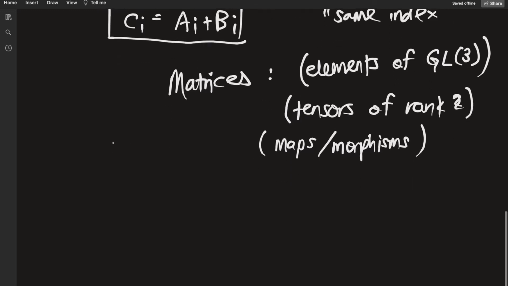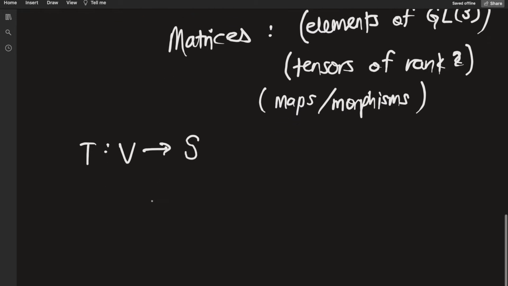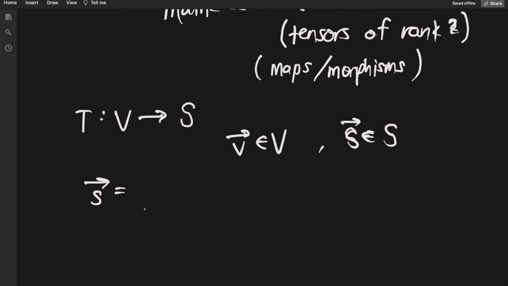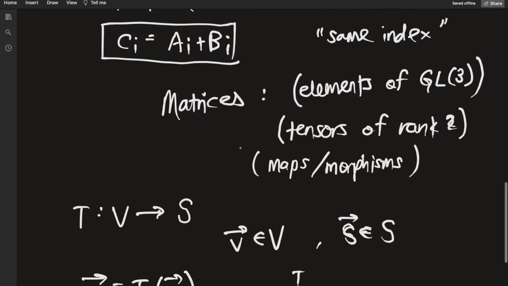between two vector spaces. So consider the map that takes you from one vector space V to another vector space S, such that, let's say small v is an element of V, small s is an element of capital S. So the way this transformation is going to act is s vector is going to be T applied to v vector, and then you can represent T in terms of a matrix, because matrices are just representations.